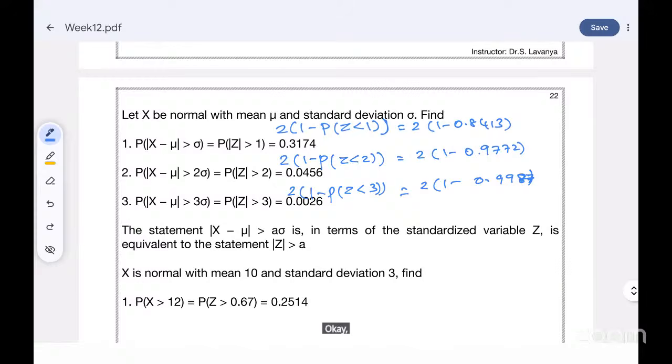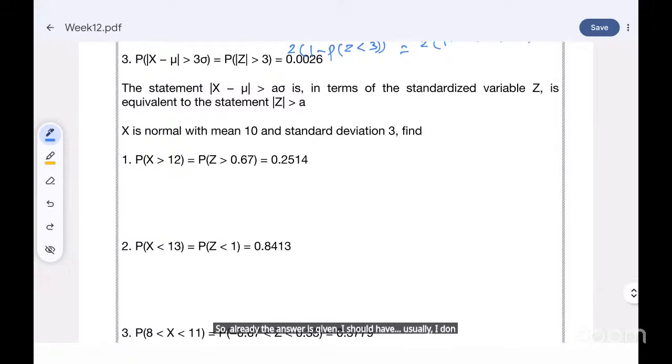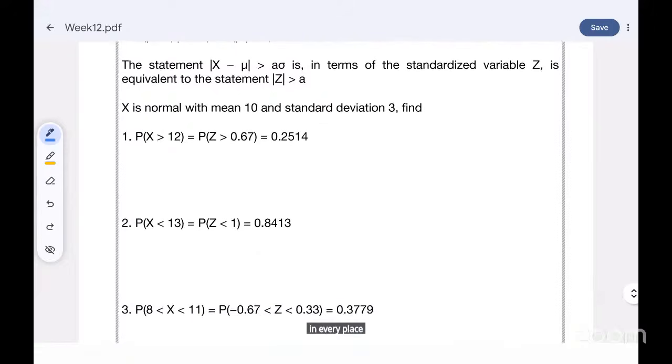Okay, can we try the next question? The answer is already given. Usually I don't add the answer, but by mistake in these slides I have added the answer everywhere.